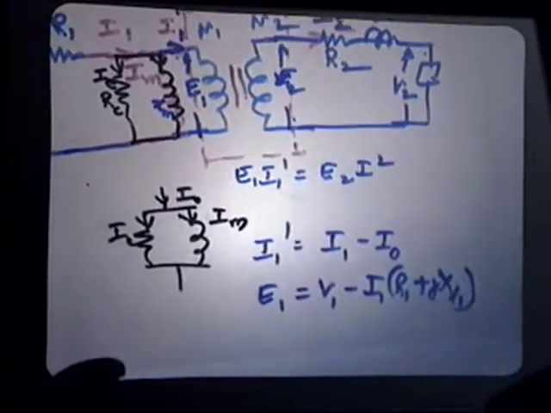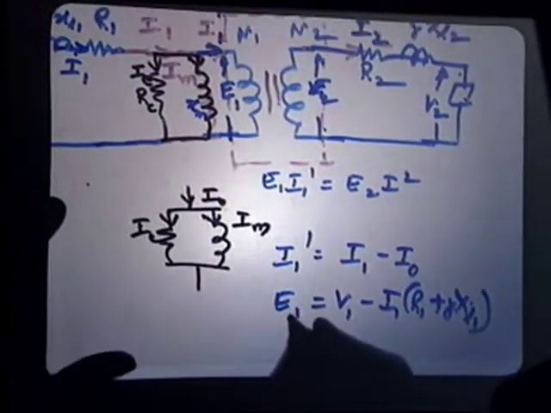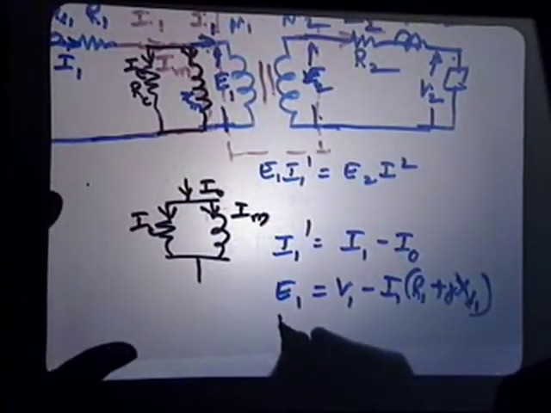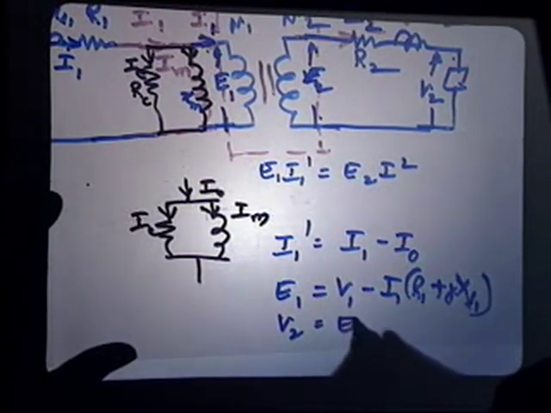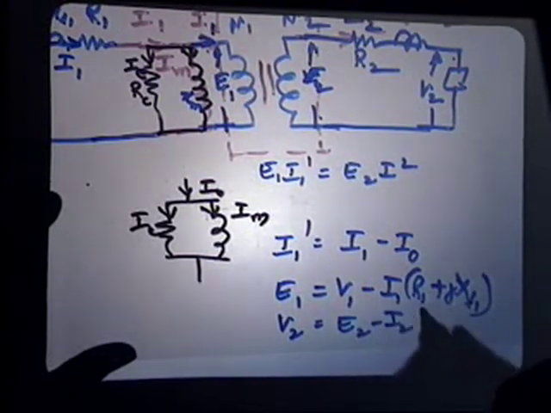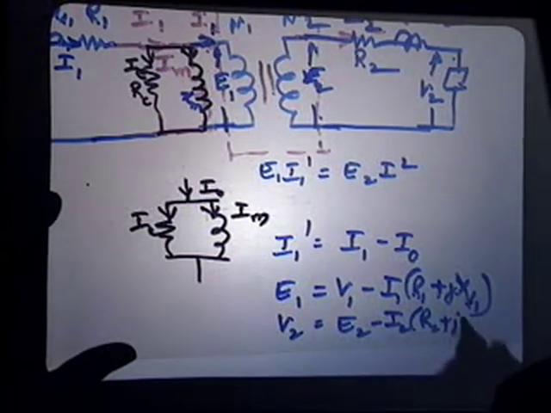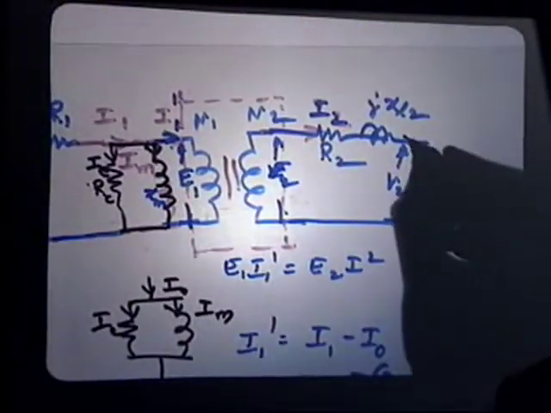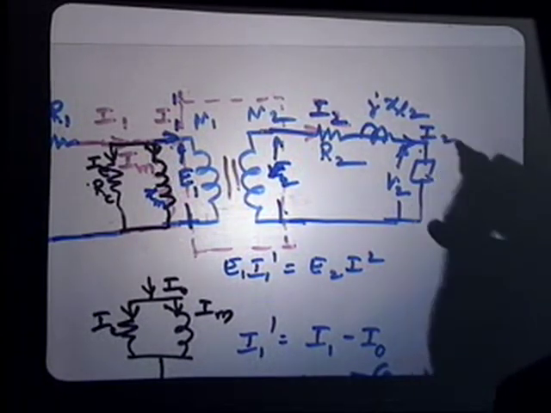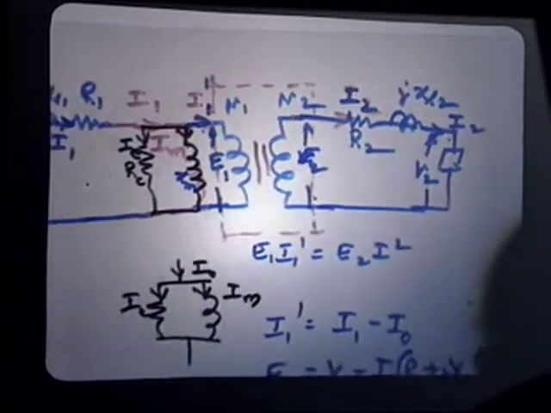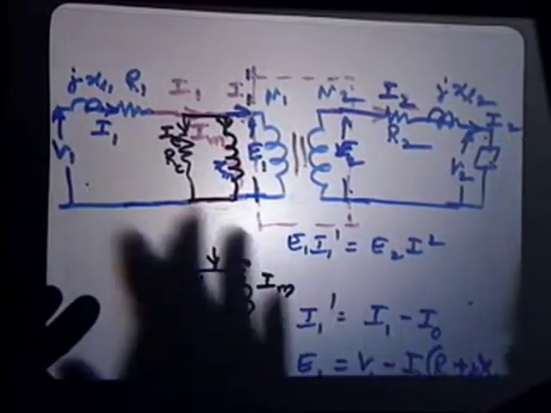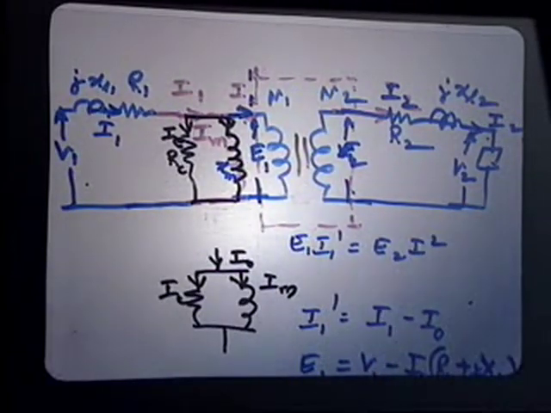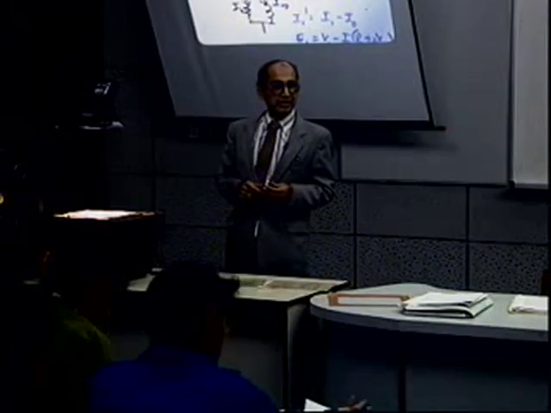So from E1 you get E2, and V2 is E2 minus I2 into R2 plus jXL2, and this V2 is the load. So now we have a fairly realistic model of a single phase transformer.